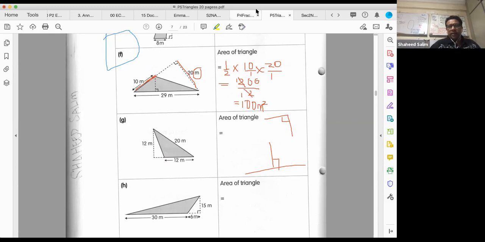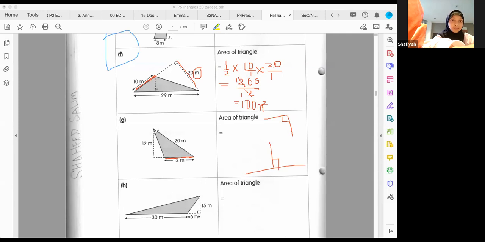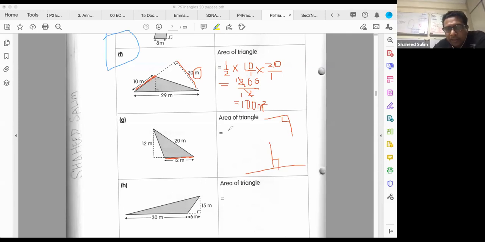Shafia, please look at question G. Shafia, tell me now. I'm going to draw the base for you. This is the base. Where's the height? Is it 12 or 20? 12. So you got the height. So now just take half times base. What's the base?